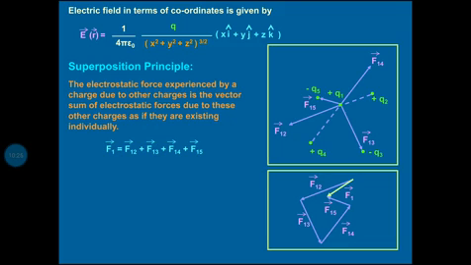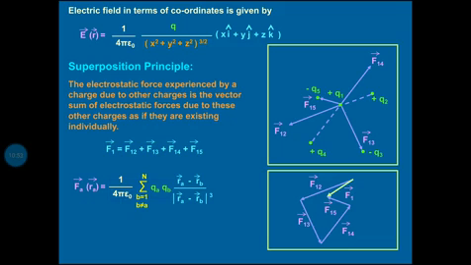So here Fa vector is equal to 1 by 4 pi epsilon naught, summation over b equal to 1 to n, qa qb (Ra minus Rb) by mod of (Ra minus Rb) whole cube. So this is the vector sum representation of the force vector of cumulative charges.